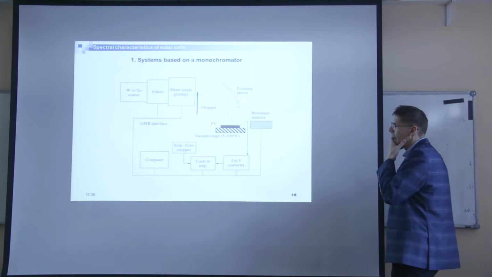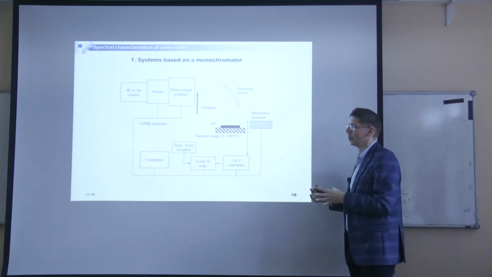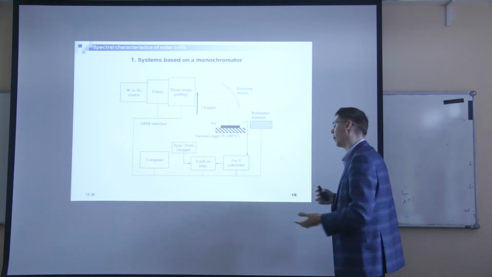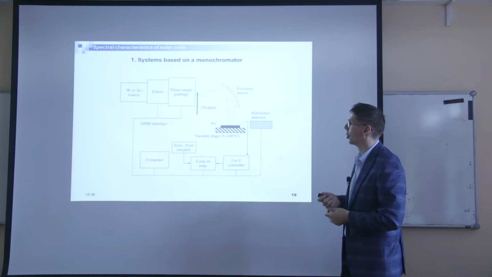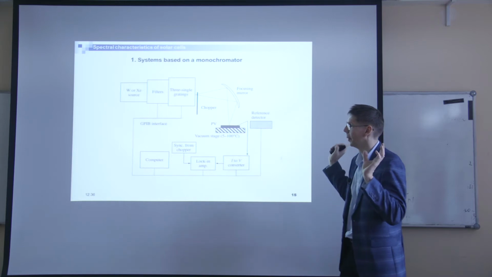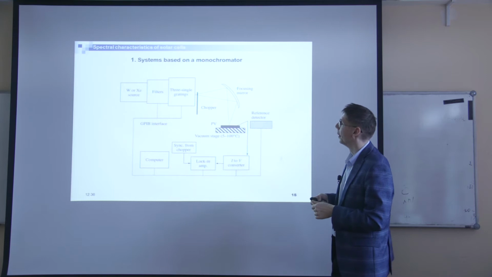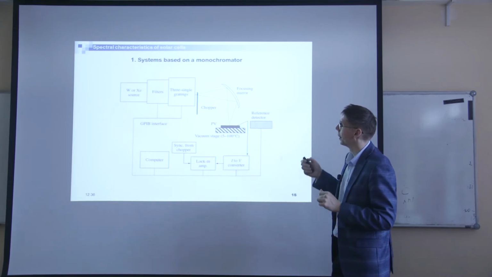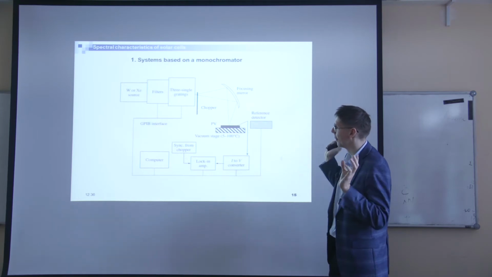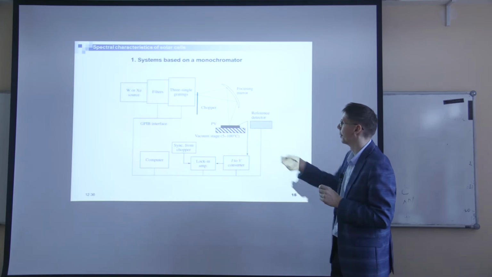But if you want to measure just single cells, in this case, the more conventional way is to use a monochromator with a grating, and then approximately the same optical scheme.